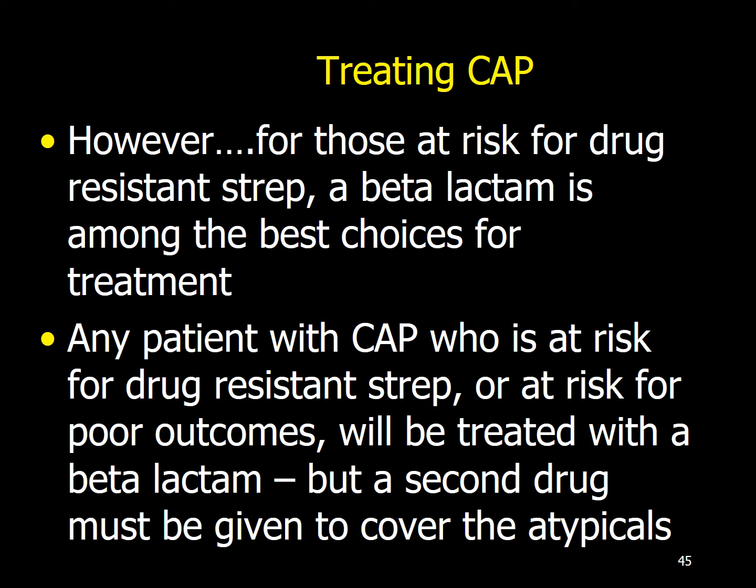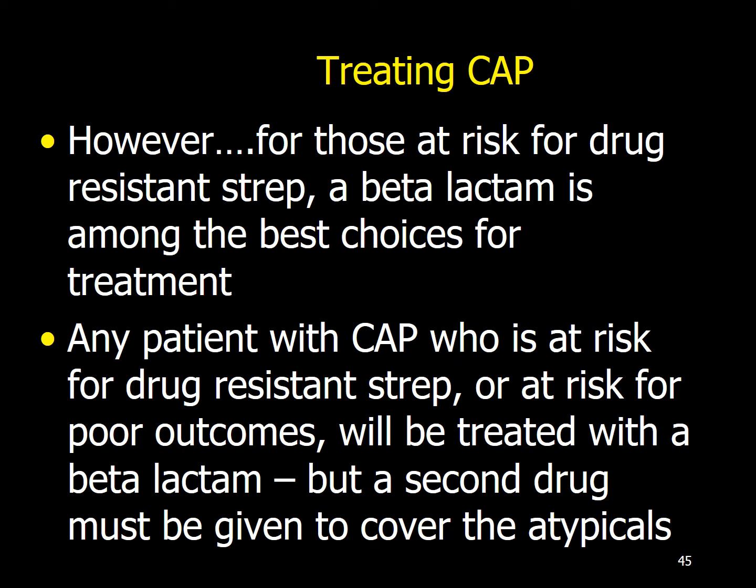Just like in the upper airway, strep is the most common organism. A macrolide or doxy will kill regular strep, but there are some people who are at risk for drug-resistant strep. And I think in your next page of the handout it will tell you that. But people who are at risk for drug-resistant strep, a macrolide or doxycycline won't cover that. Then we have to manage them a little bit differently.